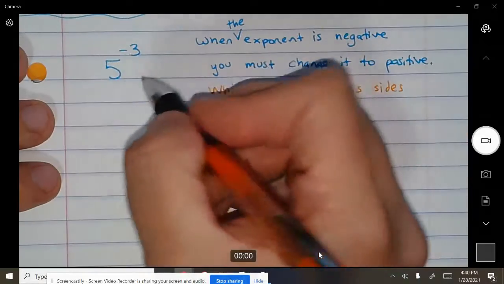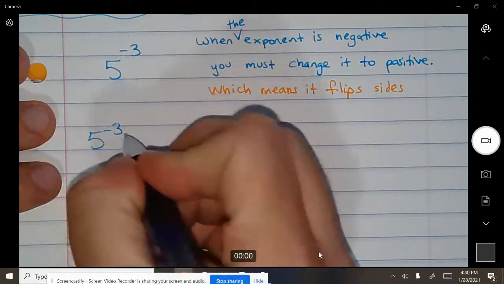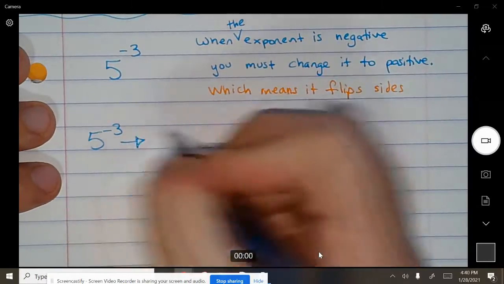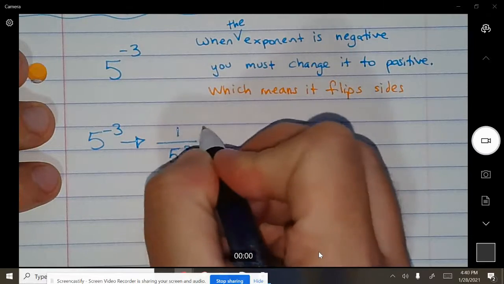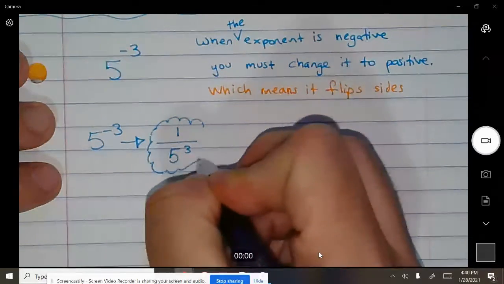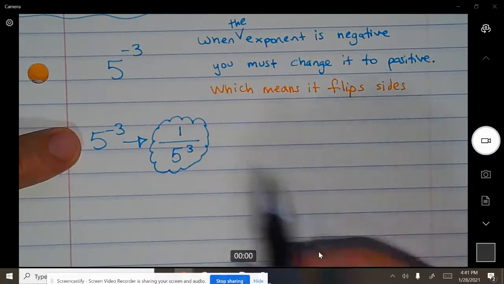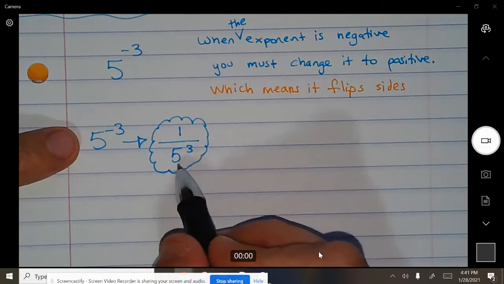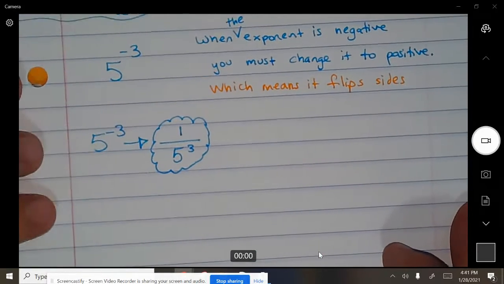So what's going to happen here? It's going to go 5, negative 3. I ran out of room here a little bit. We're going to change that to, look what just happened there. 5 to the negative 3 flipped, and now it's 1 over 5 to the 3rd. It's weird. I know. It looks weird.